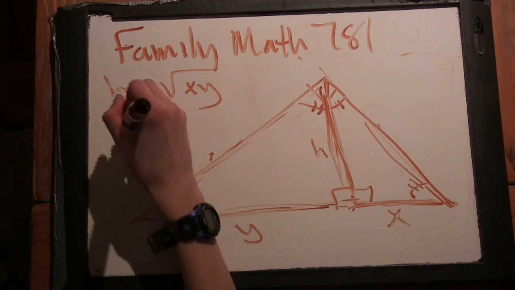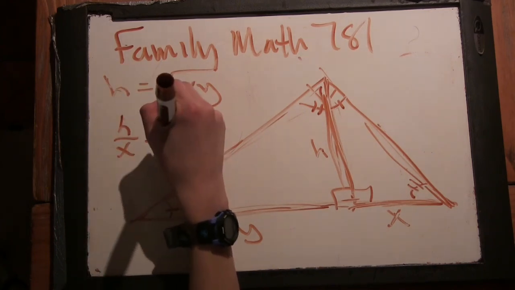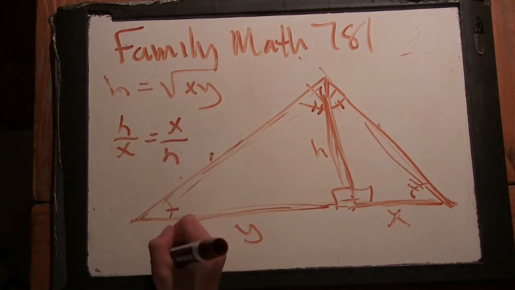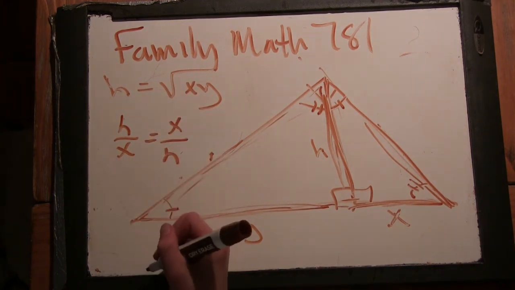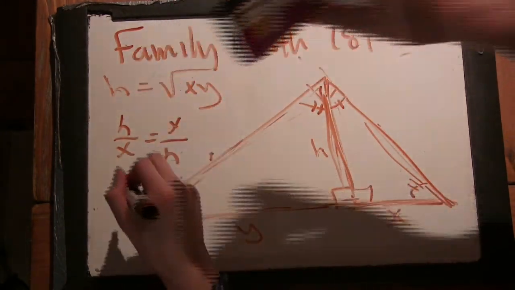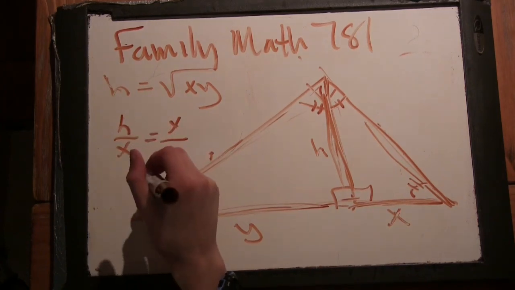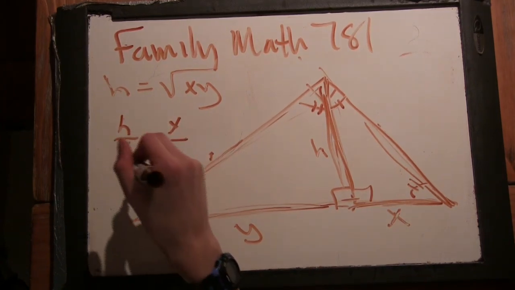So h over x equals y over h. All right. So you could multiply by x and h to get rid of the fractions. Okay.